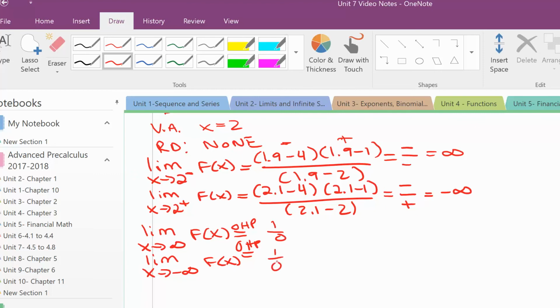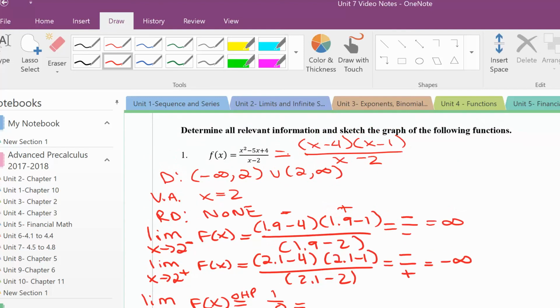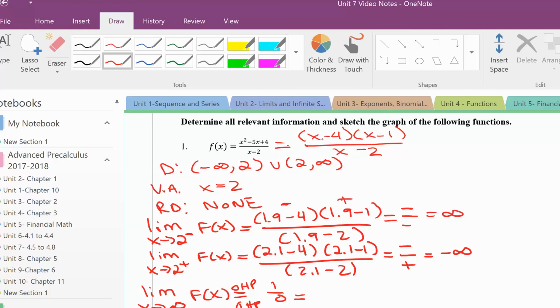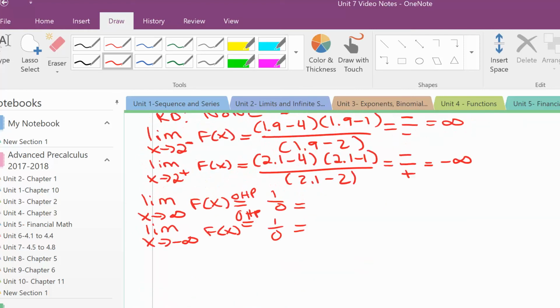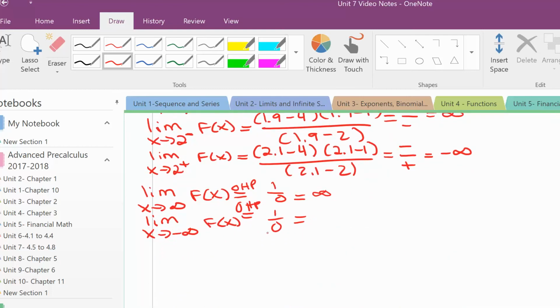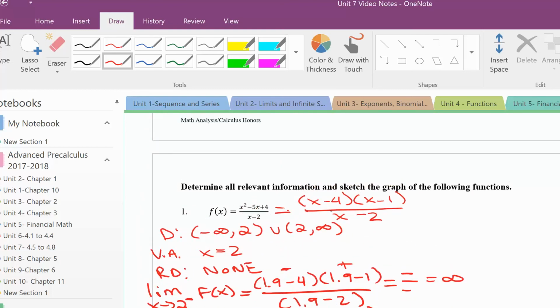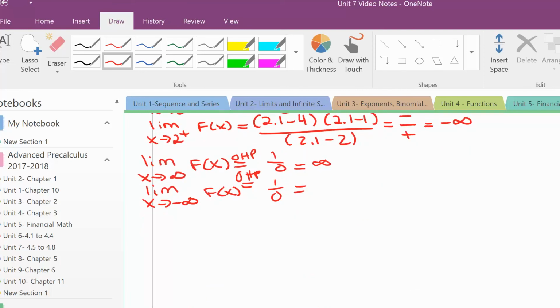That means it's going to be infinite. Now, to determine if it's positive or negative infinity, we choose a really large number for infinity, like 100. If I put 100 in, I get a positive number, so it's going towards infinity. As it approaches negative infinity, if I put in negative 100, I get negative over negative, which is positive, but over negative, so it goes toward negative infinity.